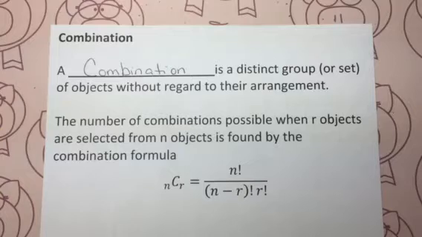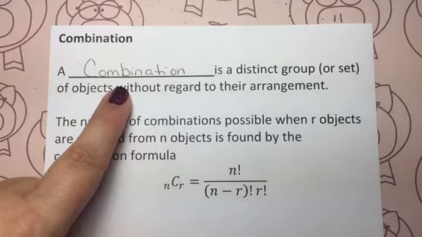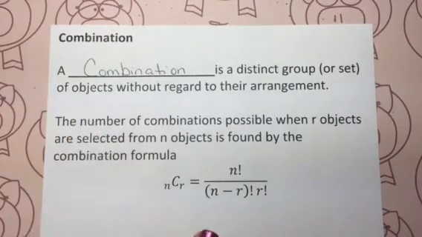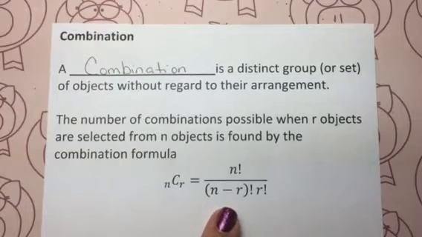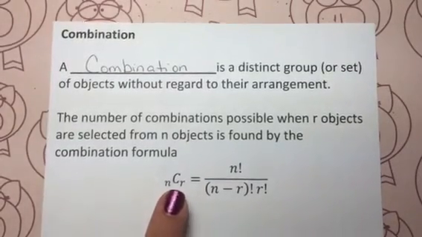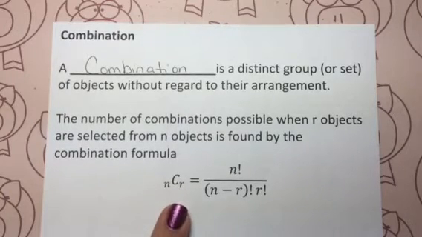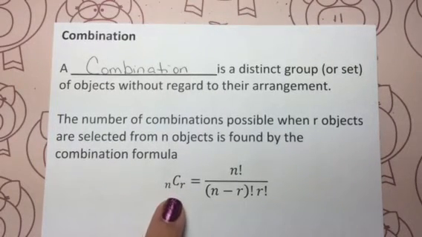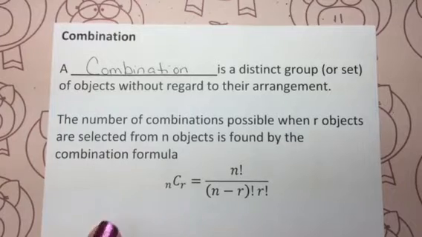Because I'm just grabbing 3 cats. 20 choose 3. So in that case, instead of a permutation, I'm going to use a combination. The formula changes a little, but I don't care about this formula because I'm going to be using my calculator. So remember, permutations, order matters. Combinations, order does not matter.